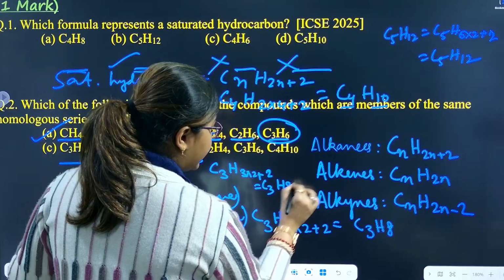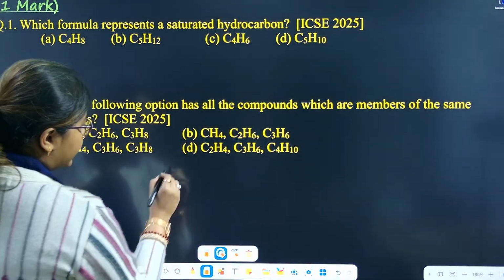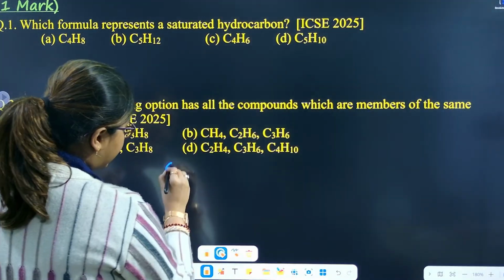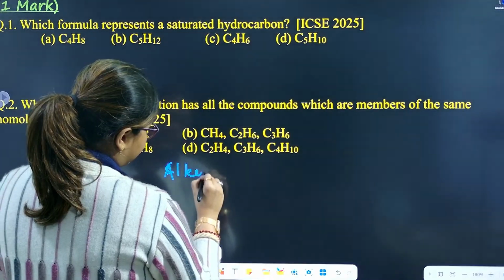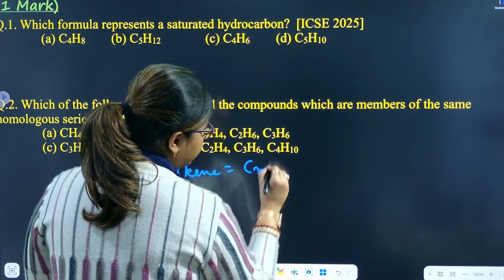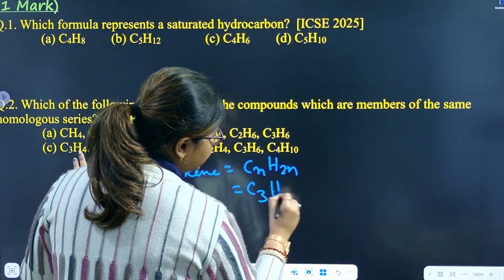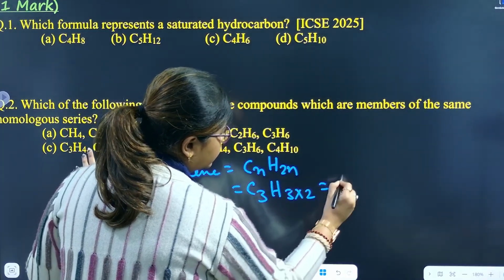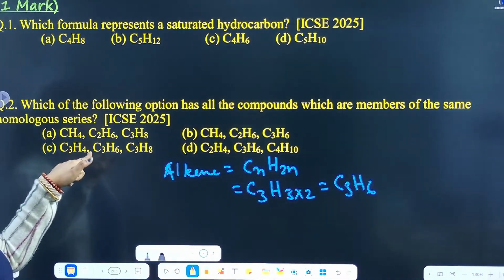if it is an alkane, it would be C3H8. If it is an alkene, it will be CnH2n, that means C3H6. But this is C3H4.